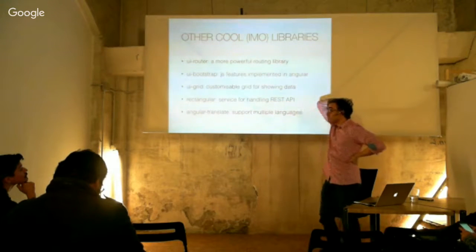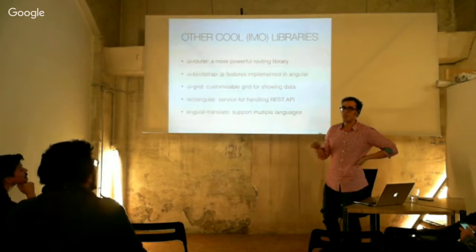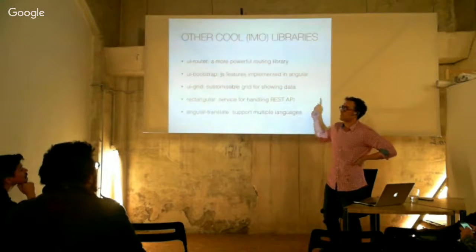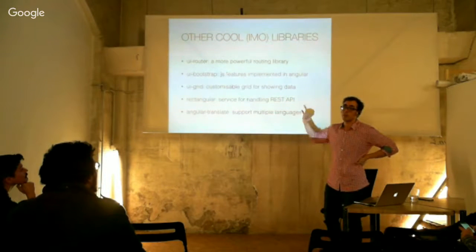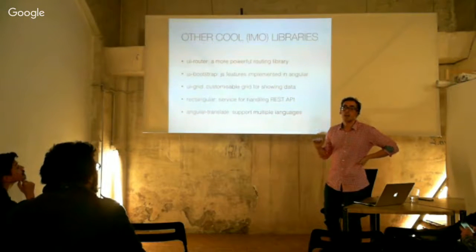UI Bootstrap, it's cool if you're using Bootstrap or you modify Bootstrap to make it look custom, but you're still following the same structure. UI Bootstrap is very cool. It's basically all the Bootstrap JS features rewritten in Angular so that they are very easy to integrate into your app.